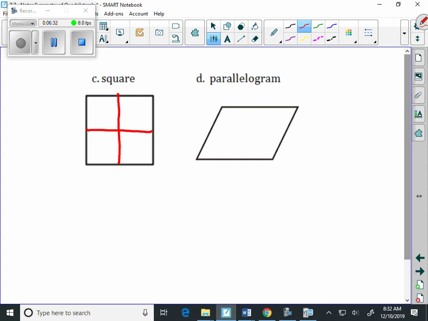The nice part is that a square also has four congruent sides, so we can draw in the diagonals. And on a square, then, we've got four lines of symmetry.